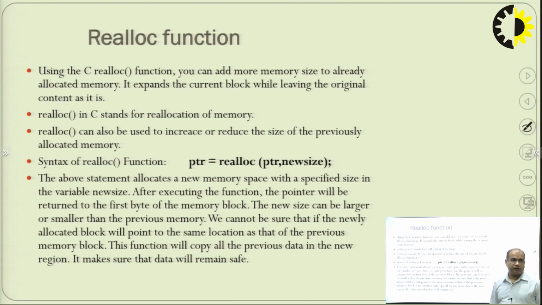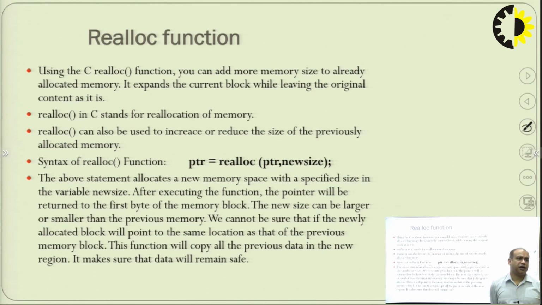Next, realloc. Realloc means reallocation of memory. Using the C realloc function, we can add more memory size to already allocated space, or we can also decrease the memory space. It expands the current block while leaving the original content as it is.